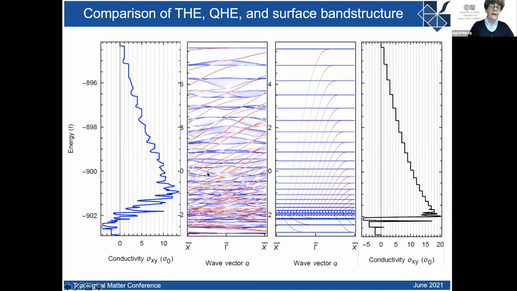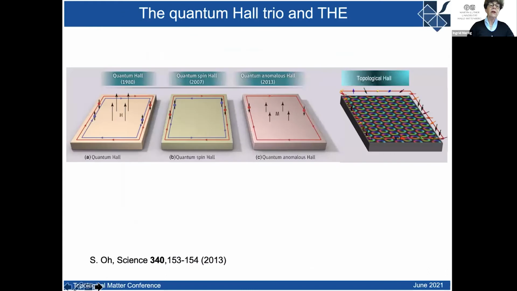Now, I would like to come back to my cartoon about the different Hall effects, and I would like to add the topological Hall effect to this cartoon. And you see that the topological Hall effect is nothing but a quantum Hall effect, as I have shown you, or it's also nothing but an anomalous Hall effect. The only difference is the chiral spin texture.